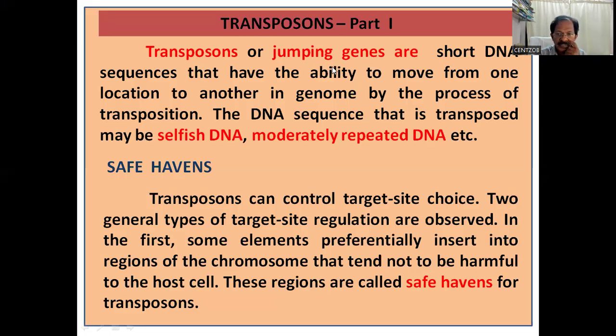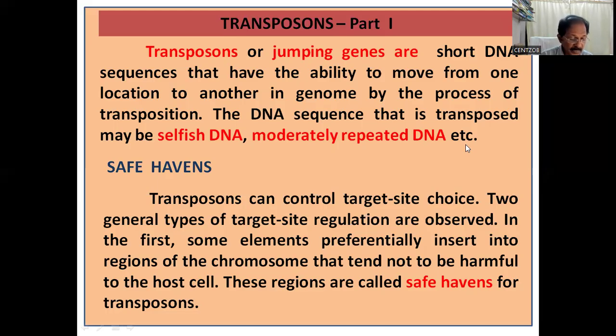Transposons or jumping genes are short DNA sequences that have the ability to move from one location to another in the genome by the process of transposition. The DNA sequence that is transposed may be selfish DNA, moderately repeated DNA, etc. Selfish DNA, for example, has no selective advantage for the organism.